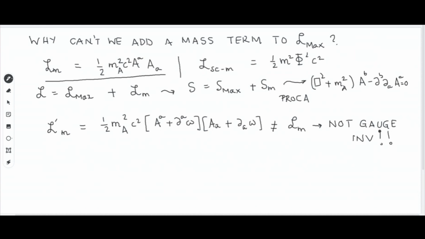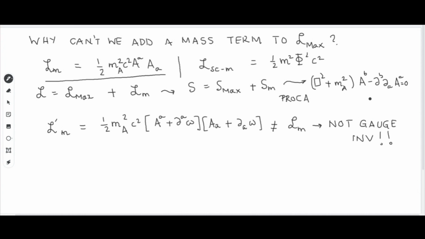So if you look at the Proca field, you can't treat the A there as a Maxwell field. This action is not gauge invariant. But then Proca would say, look, I'm not talking about the electromagnetic field. So why are you pushing me with the property that it is not gauge invariant? I don't care if it's gauge invariant or not.